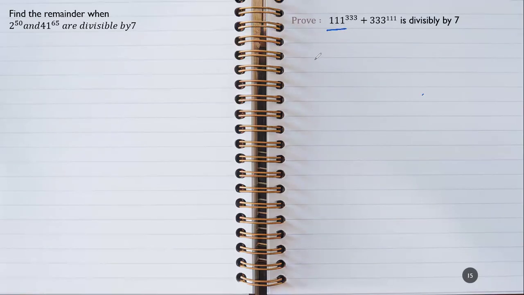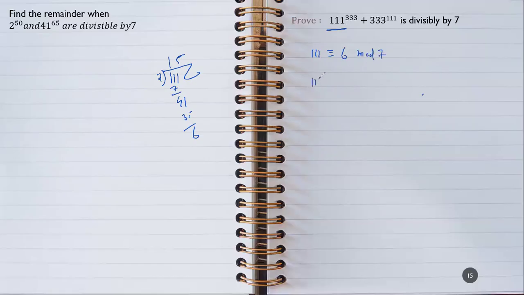First of all, we will calculate for 1111. If I divide 1111 by 7, then 7 times 1 is 7, 11 minus 7 gives 4, and 7 times 5 is 35, the remainder is 6. I can say that 1111 is congruent to minus 1 mod 7.